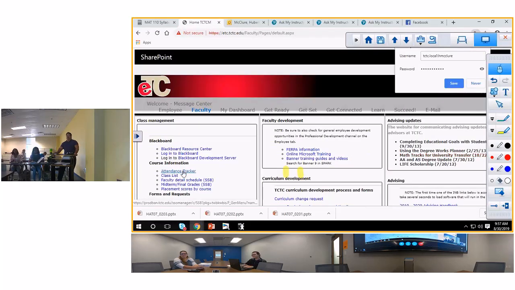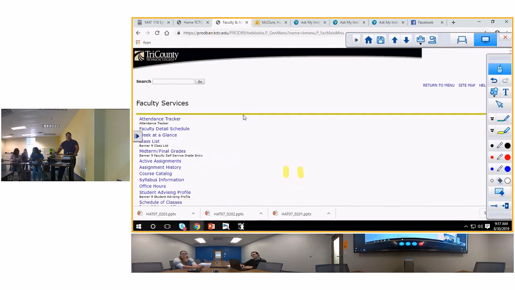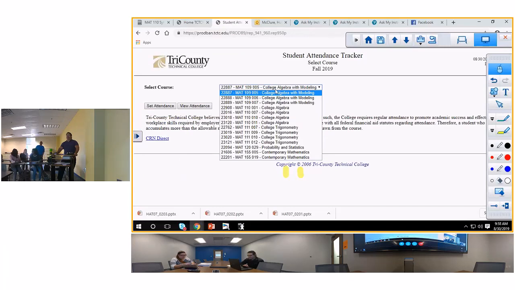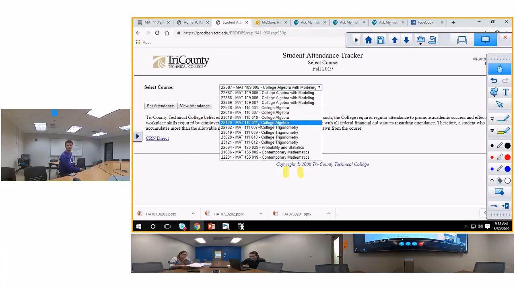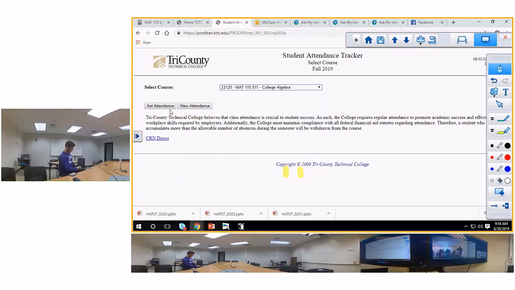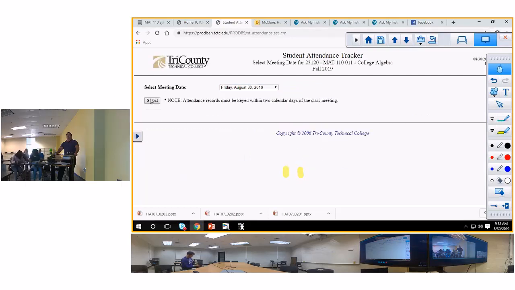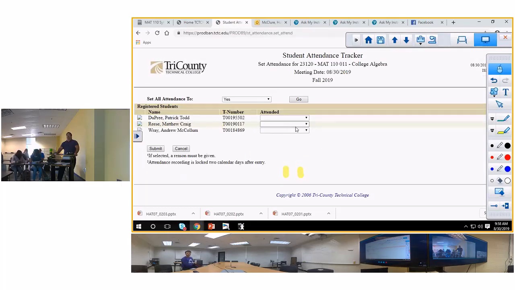Let me go ahead and do Pendleton. What section are you, Pendleton? 110, 111. Okay, I'll go down here then. And we only got one today. Yes. And you are Mr. Reese? Yes. I'll say no and put a yes beside Mr. Reese.